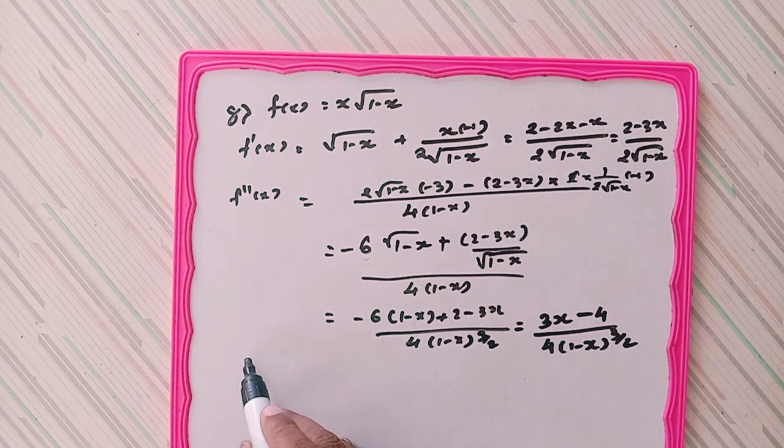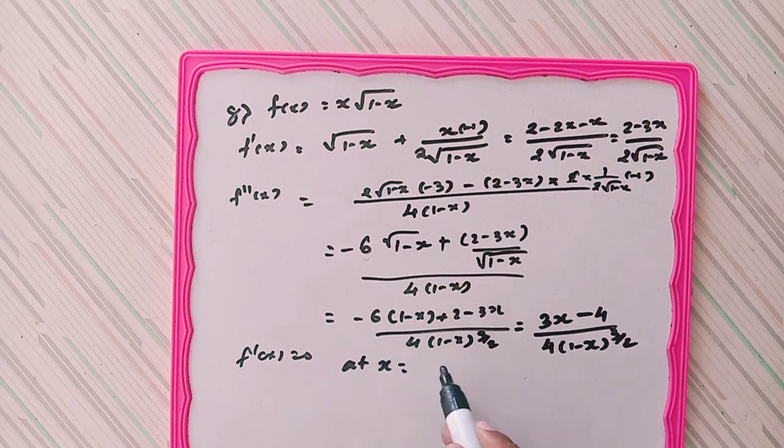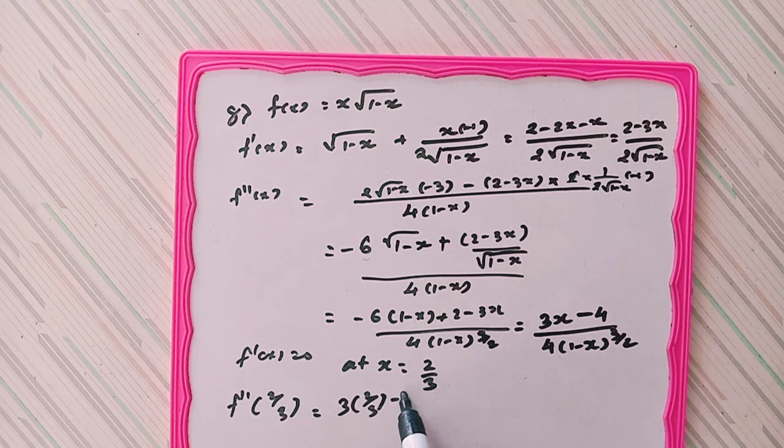Now f dash x equals to 0, it x equals to 2 by 3, so f double dash 2 by 3 we do, and it is 3 into 2 by 3 minus 4 upon 4 into 1 minus 2 by 3 raised to 3 by 2.